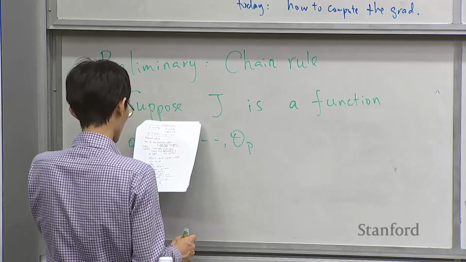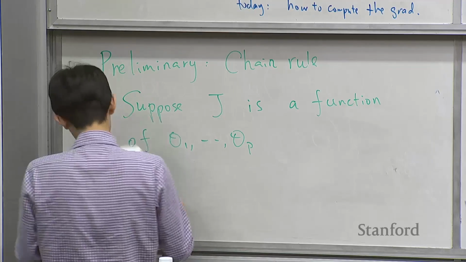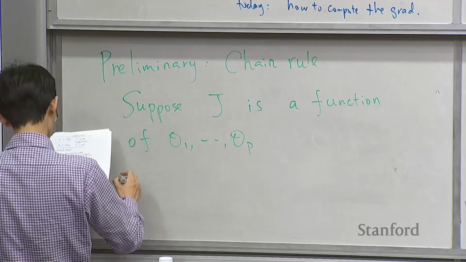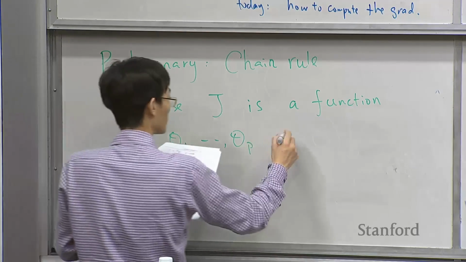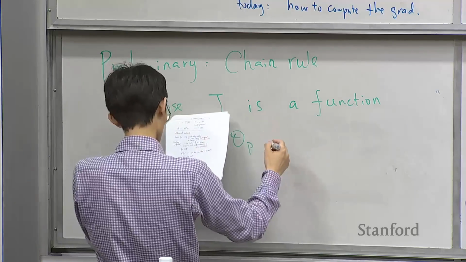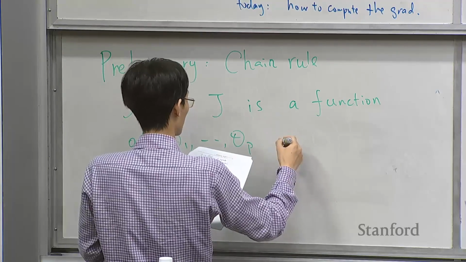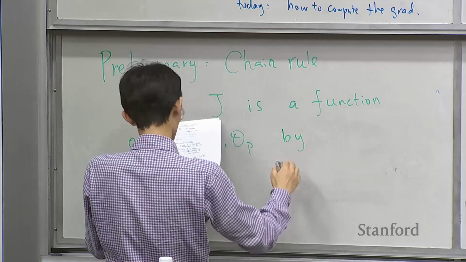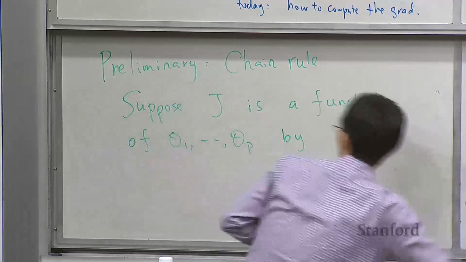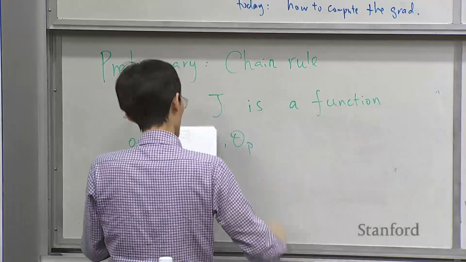And then suppose you have some intermediate variables. How does this function work? This function is defined in the following form.